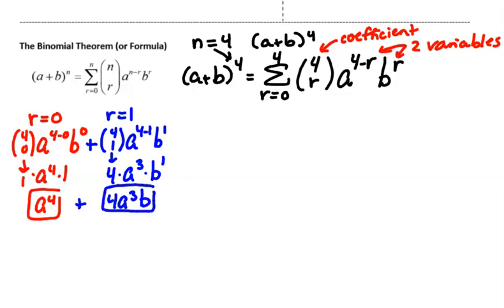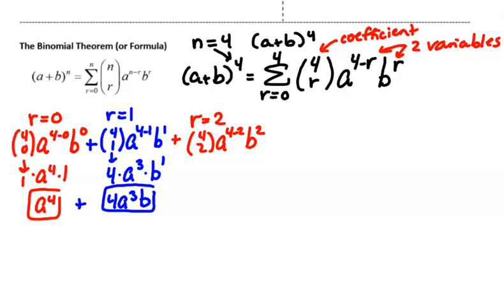Okay, now let's do the third term. I'm alternating colors just so you can tell when I go from one term to the other. So now plus, let's make r equal 2. This is 4 select 2, a to the 4 minus 2, b squared.